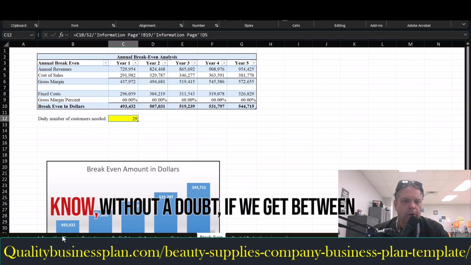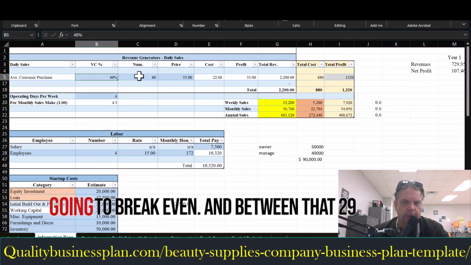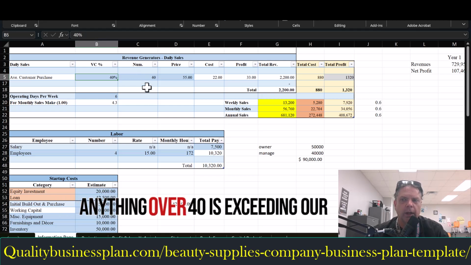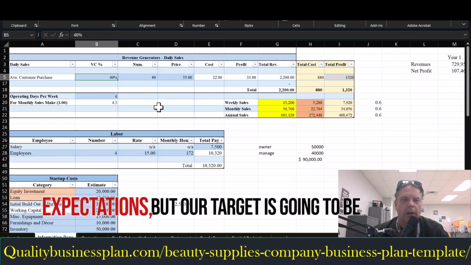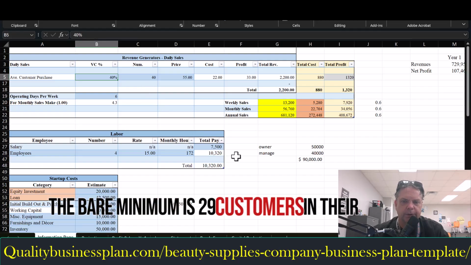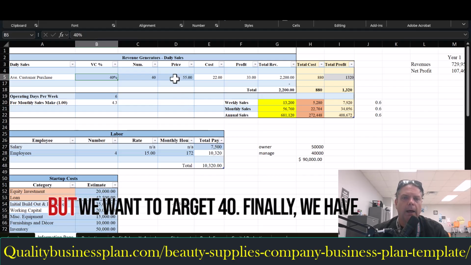So now we know, without a doubt, if we get between 29 customers and 40 customers, we're going to break even. And between that 29 and 40 customers is where our profits are going to be. Anything over 40 is exceeding our expectations, but the bare minimum is 29 customers in there daily. That's going to cover our salary as well as the manager's salary and so on. But we want to target 40.